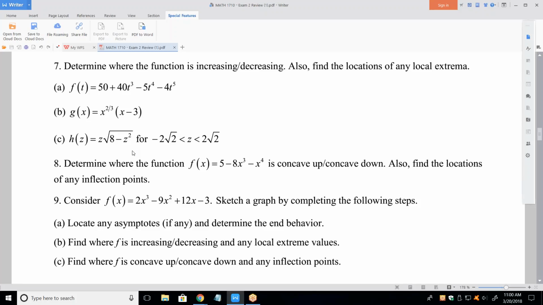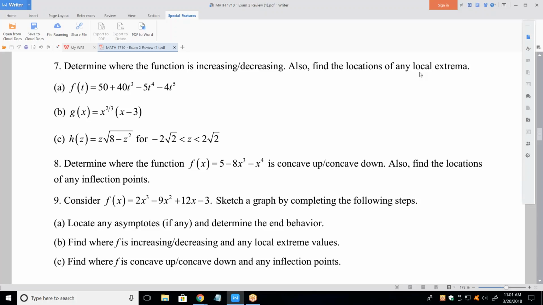And you're going to have to check what your first derivative does left and right of each of those critical points. If it changes sign, it's a local extrema. It doesn't even tell you whether it's a max or a min. You just have to determine whether the first derivative sign changes to the left and to the right of each of those critical points. That's what your job is. If it changes sign, it is. If it stays the same sign, it is not.